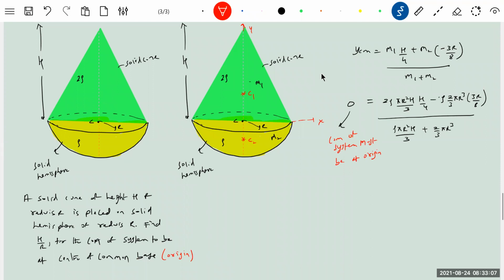Okay, fine. Now we have to solve for h and r. So I think we can take out rho pi r square by 3 common. 0 is equal to 2 rho pi r square by 3, h square by 4, 3 r square by 8.